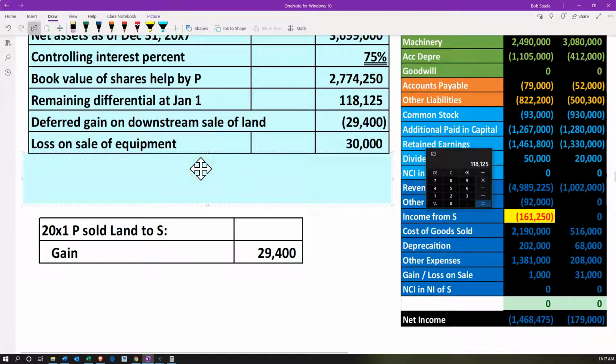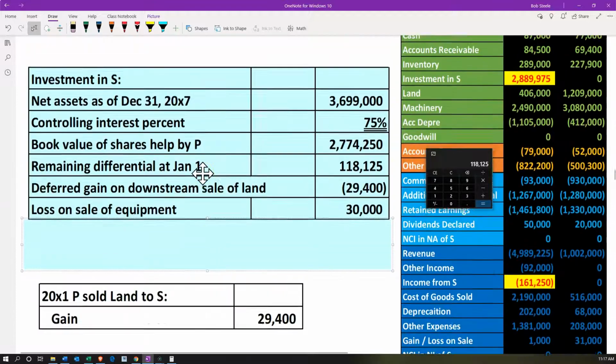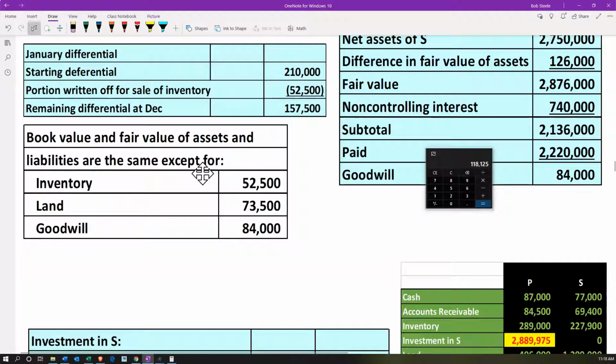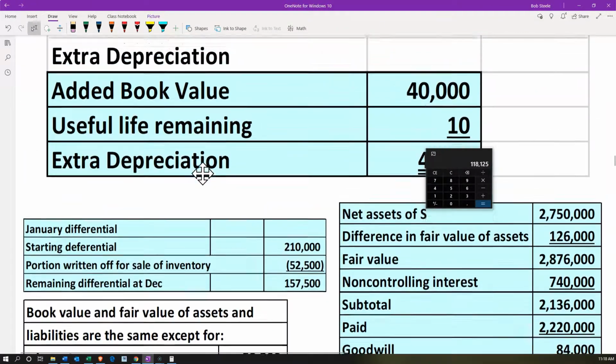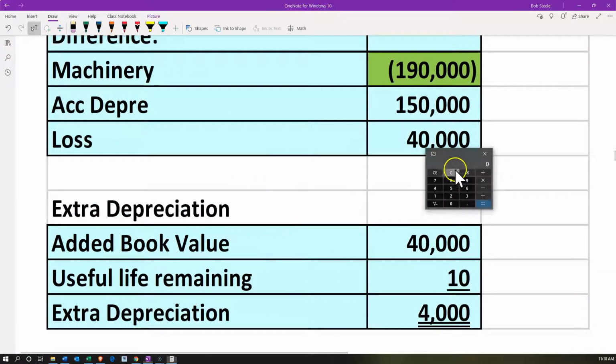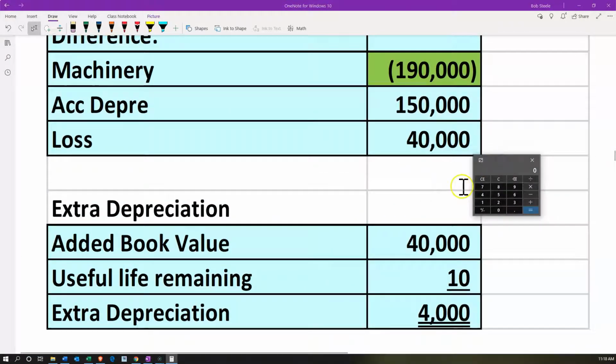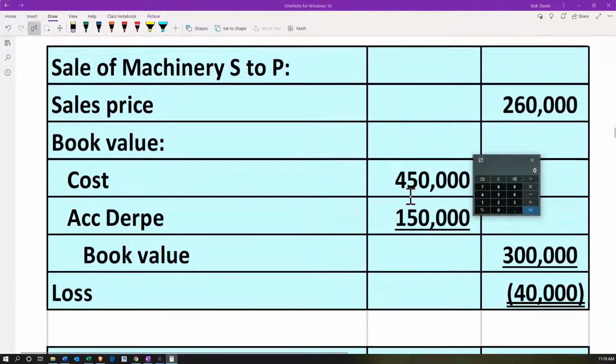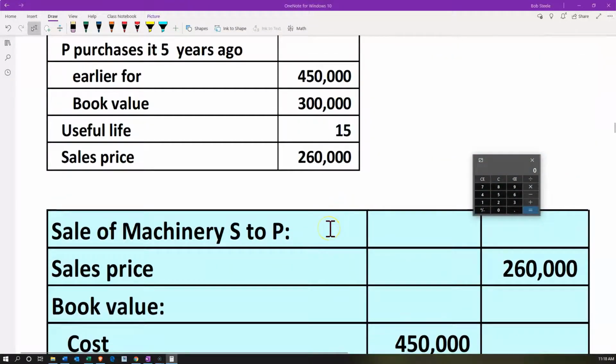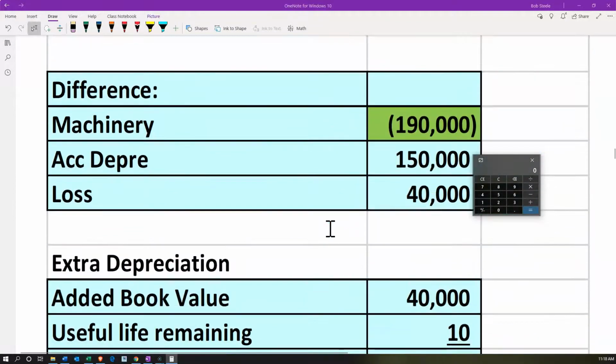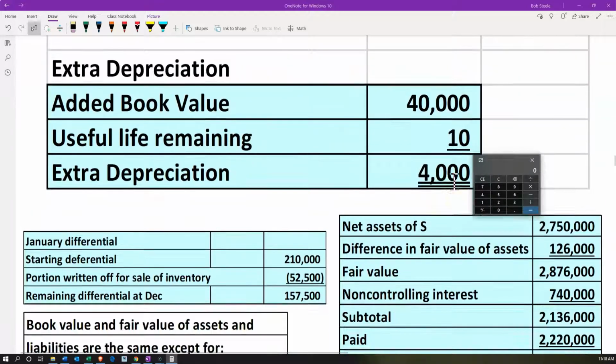Loss on the sale of the equipment, the 30,000. So that's something we calculated up top. Up here, we had the loss of 40,000. And this was an upstream sale. So from S to P, therefore we're going to take the percentage of it.